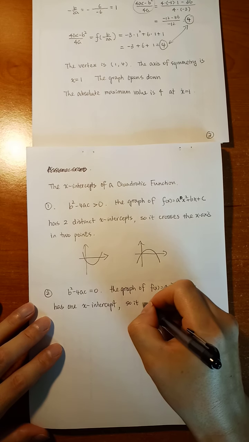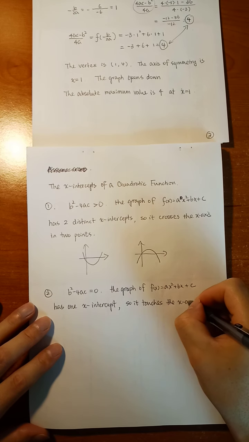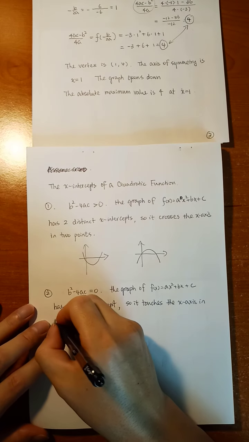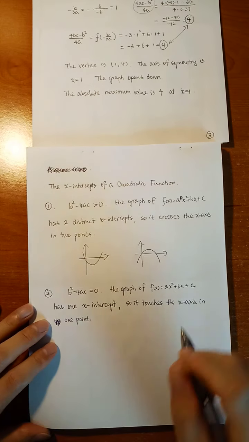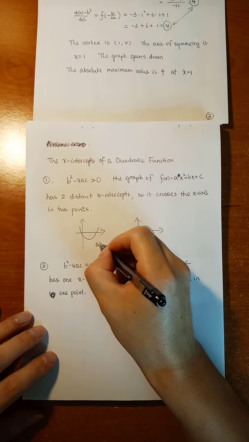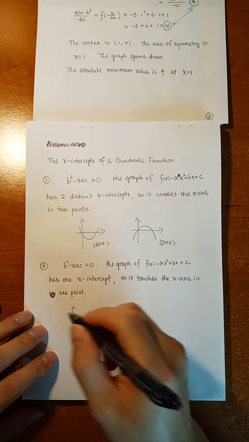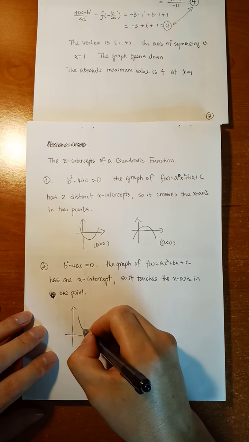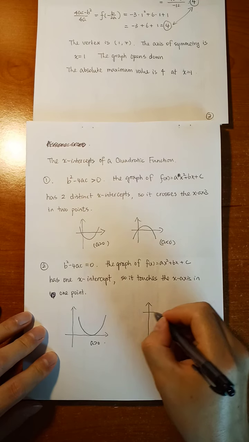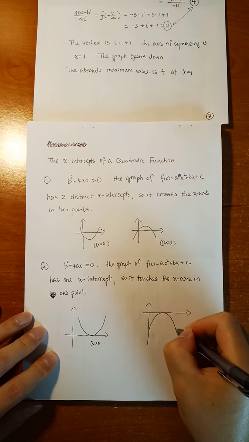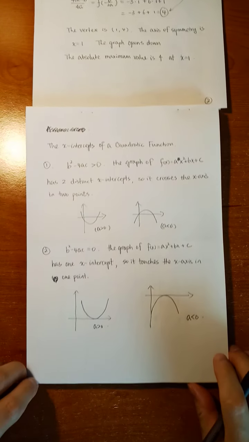So it touches the x-axis in one point. This is a greater than 0 case. This is a less than 0 case. Okay, so the second situation, it is like this. So it can be this way, or it can be this way. So when the discriminant is equal to 0, we have those two cases.